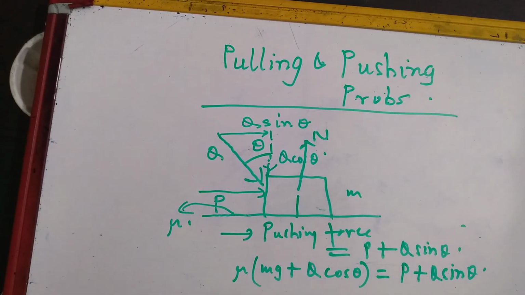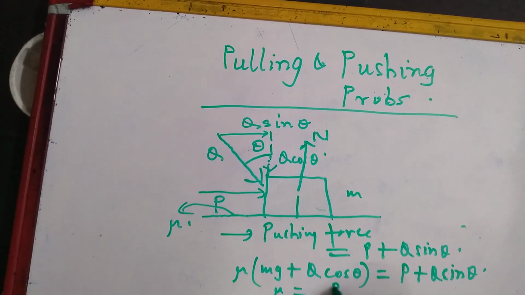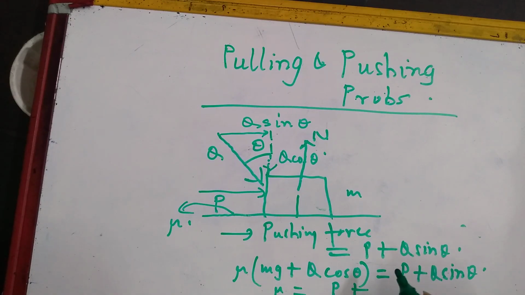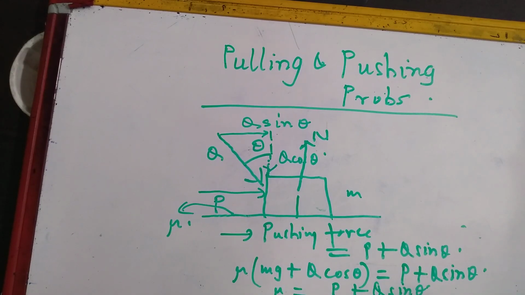So we have been asked what is the value of mu for which the body will stay in equilibrium. In this case, mu times mg plus Q cos theta, if I equate with P plus Q sin theta on the right hand side, mu comes to P plus Q sin theta divided by mg plus Q cos theta.